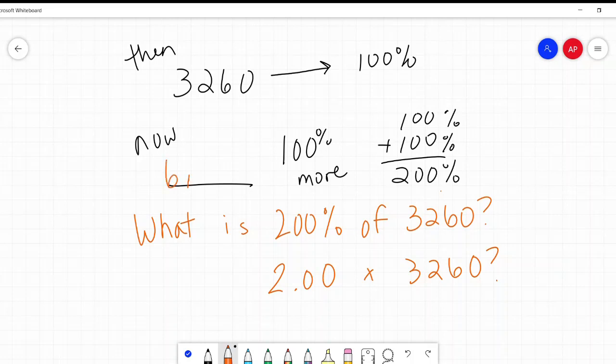So what is that, 6,520? 6,520 tickets. The keywords when you're looking at these, honestly, look for those words like when they're asking, what is the increase? Or it had this much more. You know, they're being helpful-ish. They are, honestly.